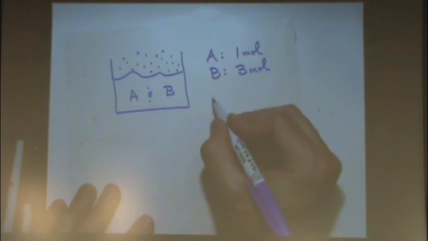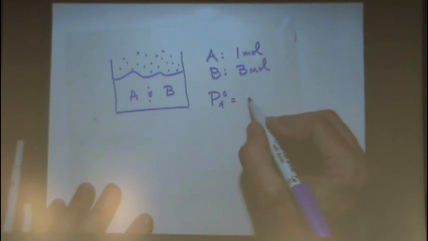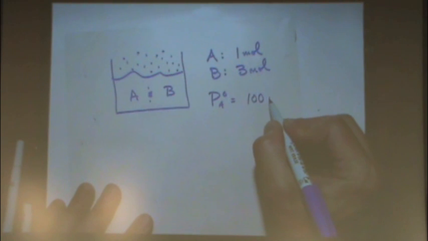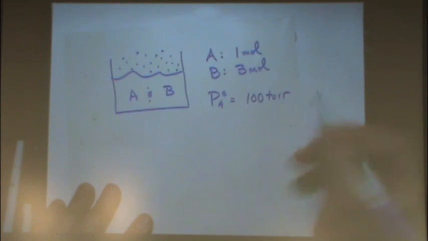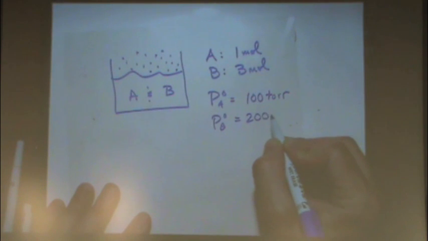And let's say that the pure pressure of A is 100 torr, and the pure pressure of B is 200 torr.